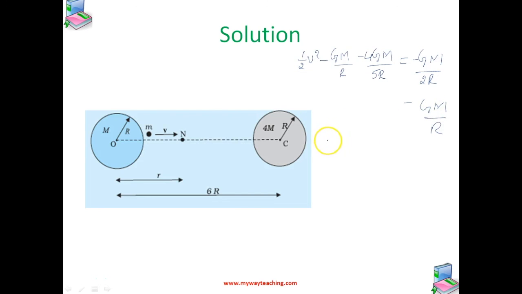So if you simplify this, we get v square is equal to 2GM by r times (4 by 5 minus 1 by 2). So v is equal to (3GM by 5r) whole raised to 1 by 2.